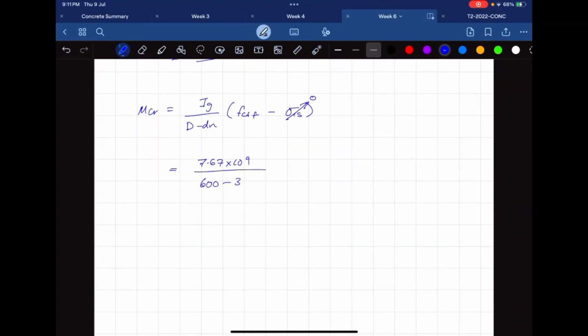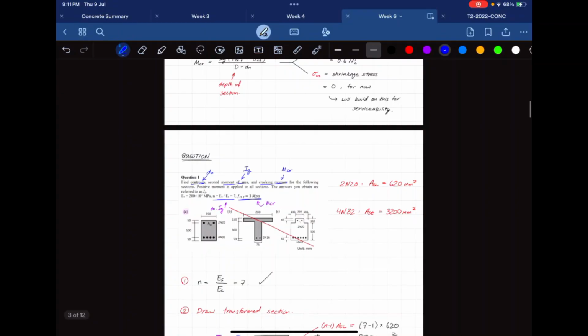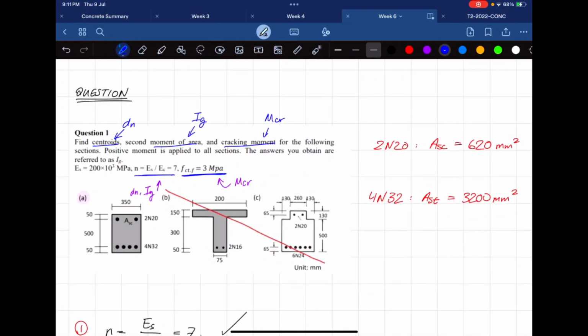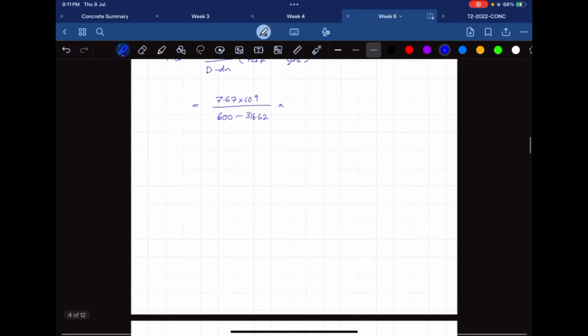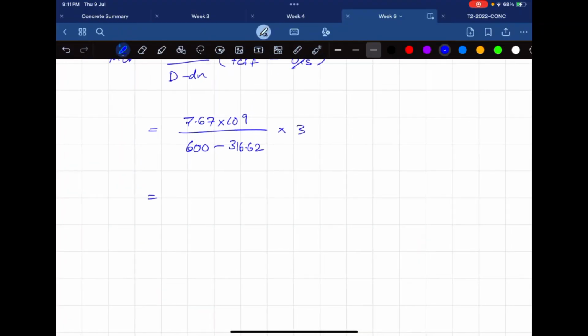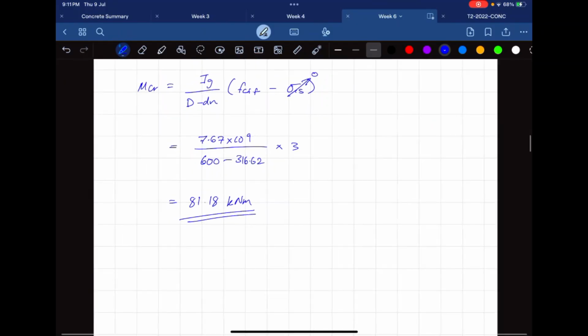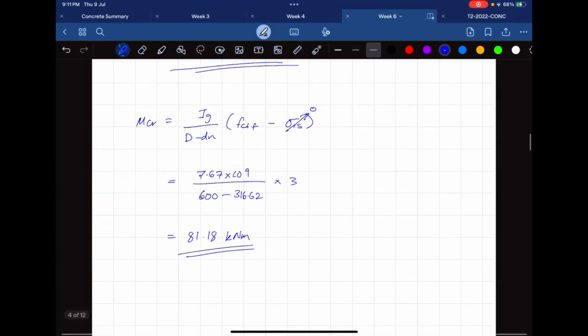DN was 316.62, times this by FCTF, which was given as 3, which you get to be 81.18 kilonewton meters. Cool. Any questions about that?